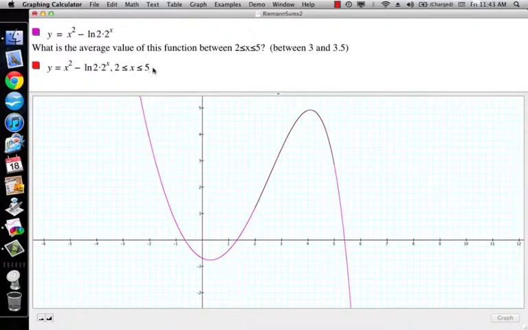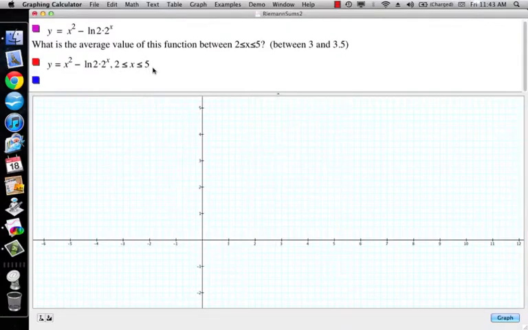So I want to know, what is the antiderivative of x squared? So what function, when I take the derivative of that function, will give me x squared?